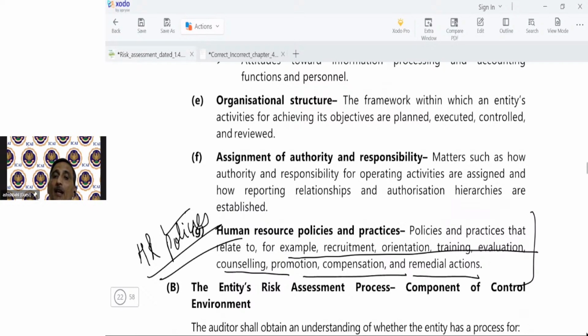If a company is adopting good HR policies, obviously its employees would be satisfied, isn't it? There would be less incentive for them to commit frauds. But still fraud can happen, we are talking about possibilities.